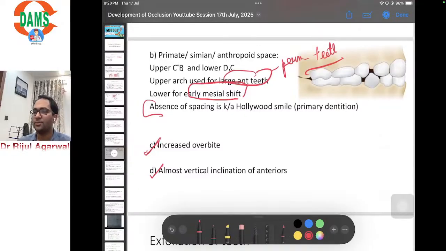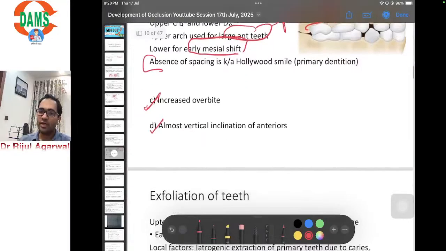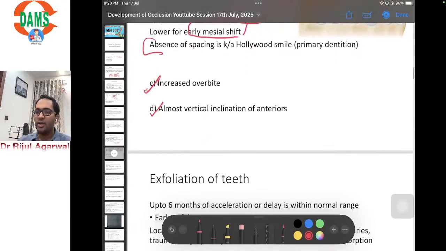Lower teeth are not visible. These are typical terms which the examiners can use to confuse you. They won't write directly that there is increased overbite because a patient does not know what is overbite and overjet. So you need to be aware what are the normal features and which don't require intervention at this particular stage.